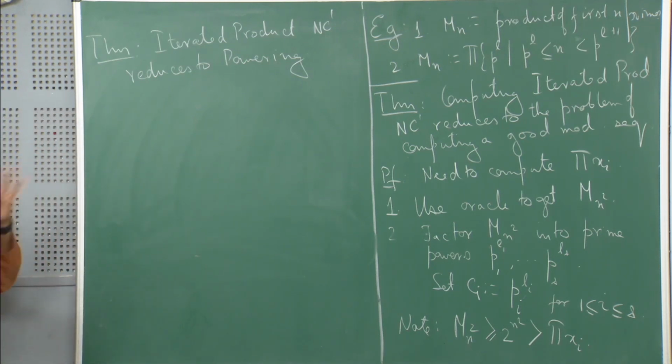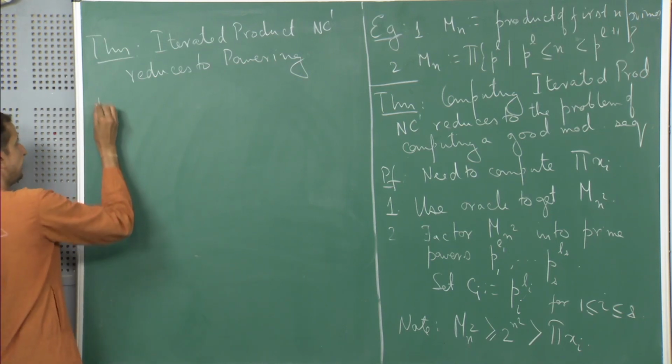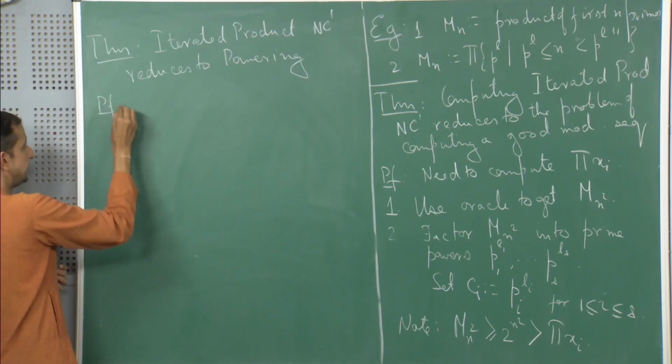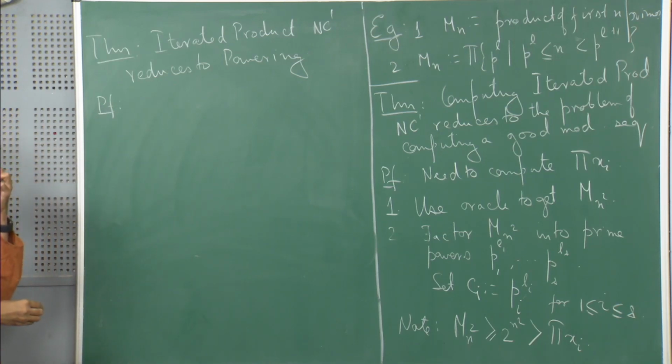So actually these 3 problems are NC1 equivalent, all 3 of them, and this is actually not very difficult, I mean some 2-3 small ingredients. So what is the iterated product problem? We want to compute the product of these xi's.